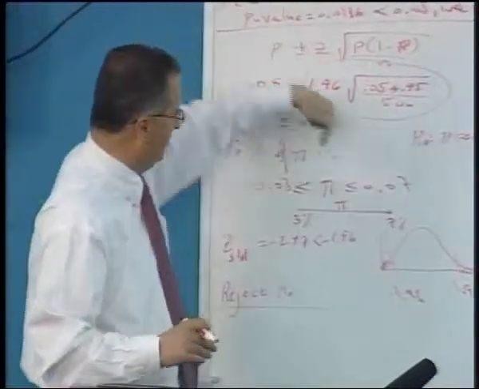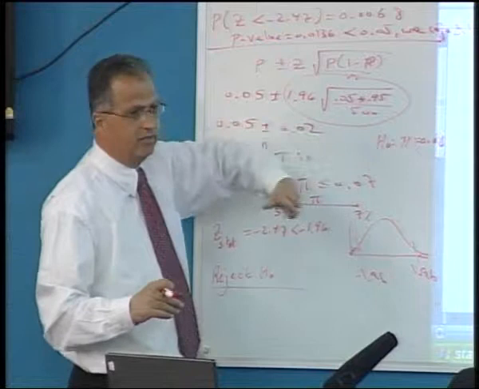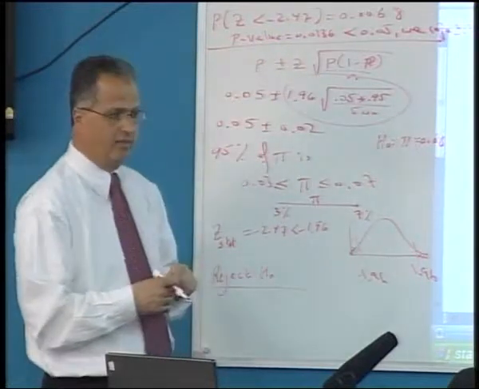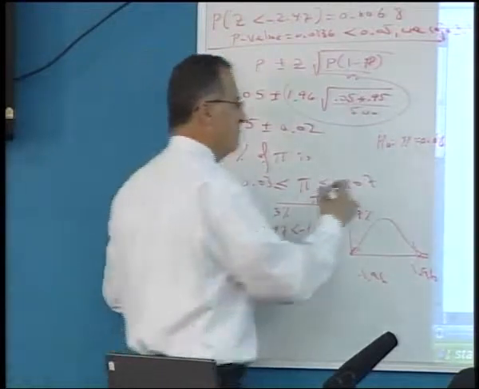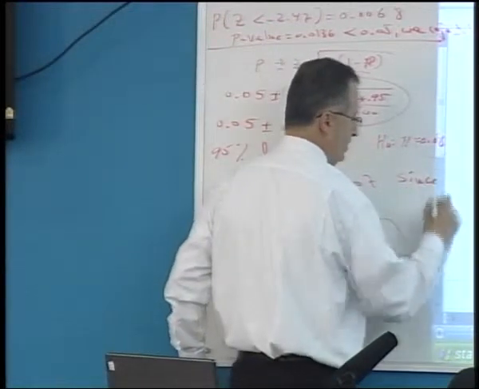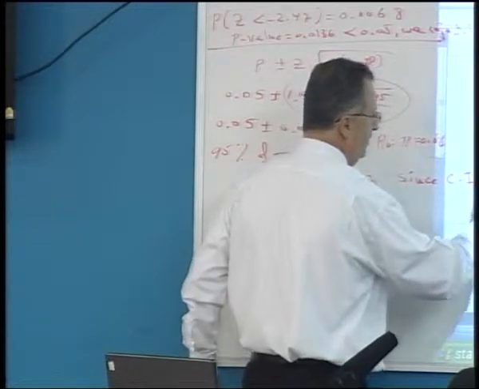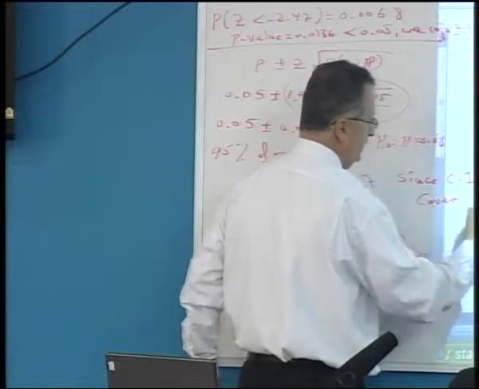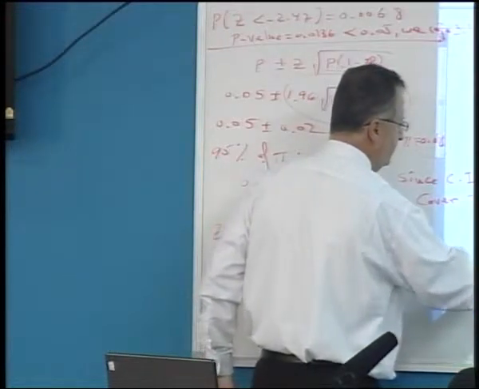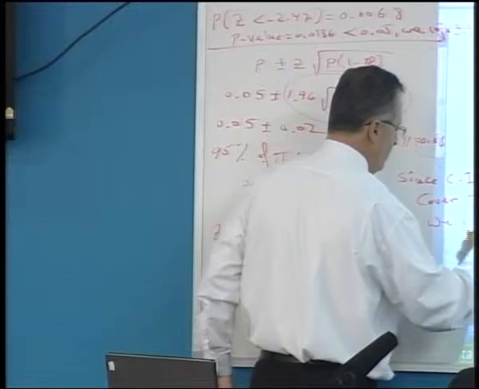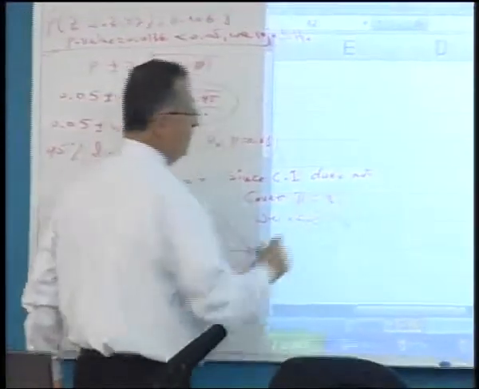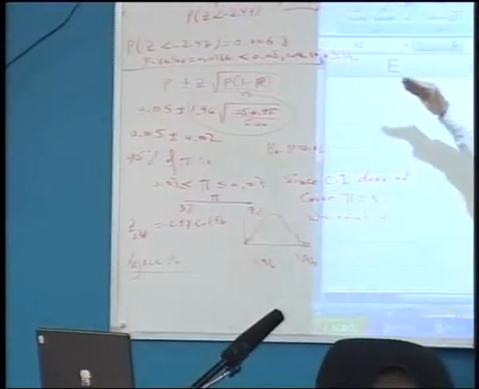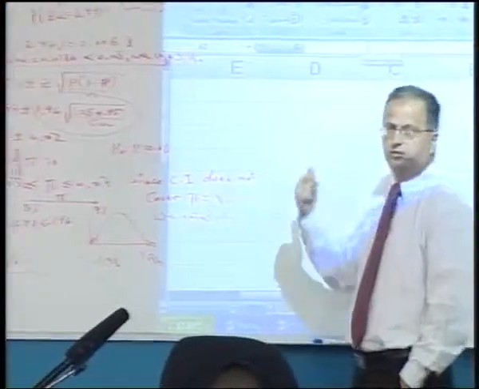Does 8% lie in this interval? The answer is no. That means it never equals 8%, so we have to reject the null hypothesis. Since the confidence interval we have does not capture or contain pi of 8%, we reject the null hypothesis.